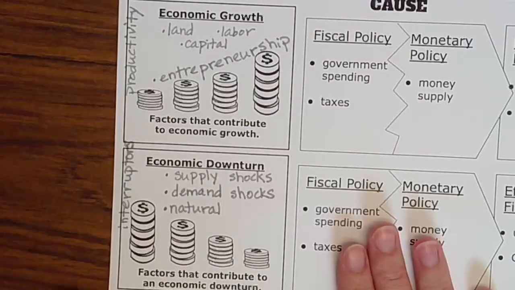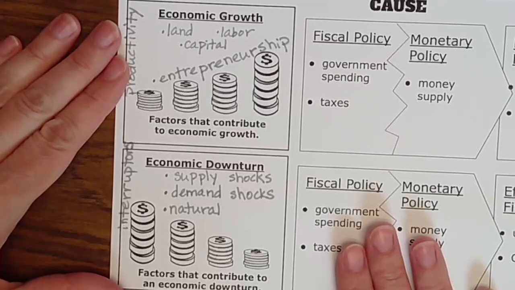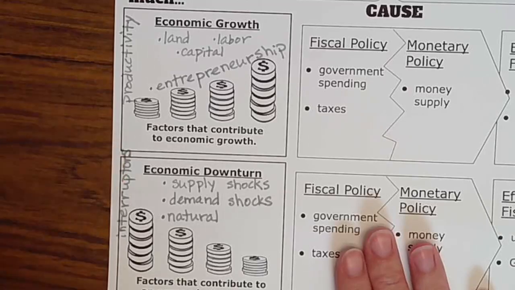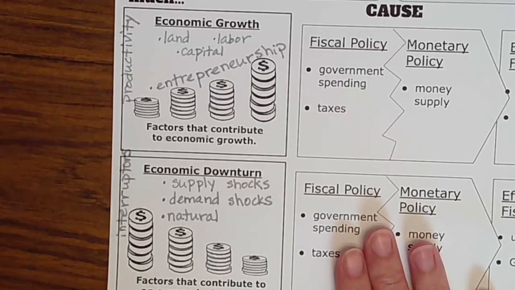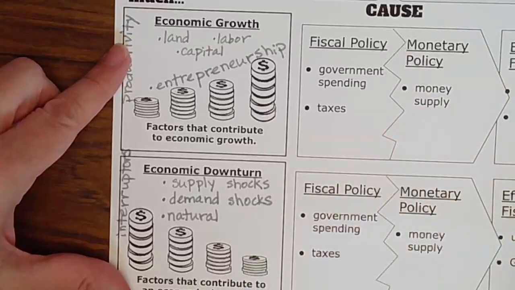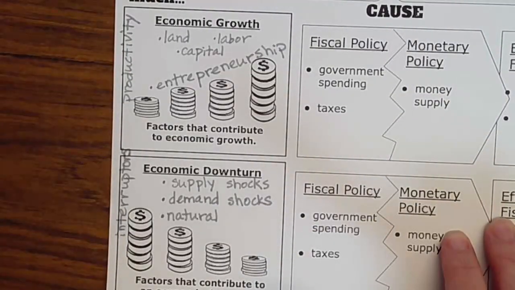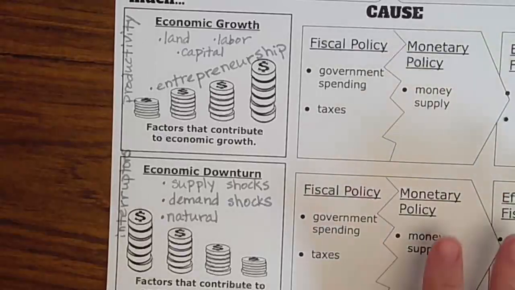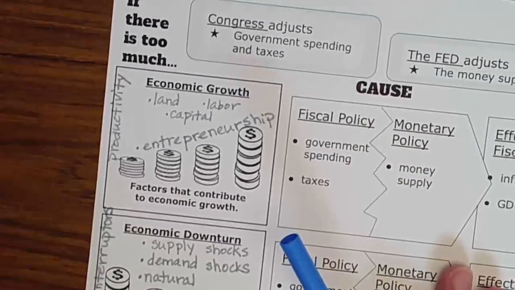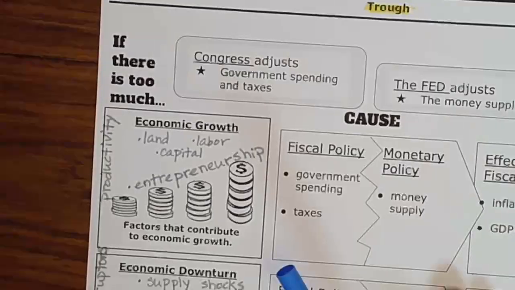So one of the things that we're going to find out is that the government is responsible for our economic growth, not having economic downturns. We're going to have some naturally, but we want to reach that point of equilibrium. There is a particular branch that we're going to look at that actually affects our productivity. Okay, so you'll notice that here, I'm going to zoom out a little bit again.